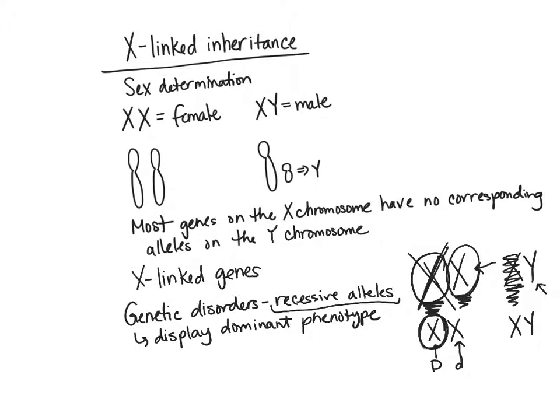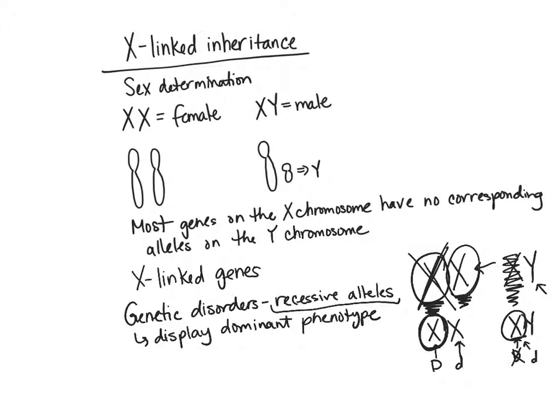So we have the dominant or non-mutated version of it. If the person on their X has the dominant, then they're fine. But if the person doesn't have the dominant, they have the recessive, then they're only making the mutated protein, and then they have the disease.